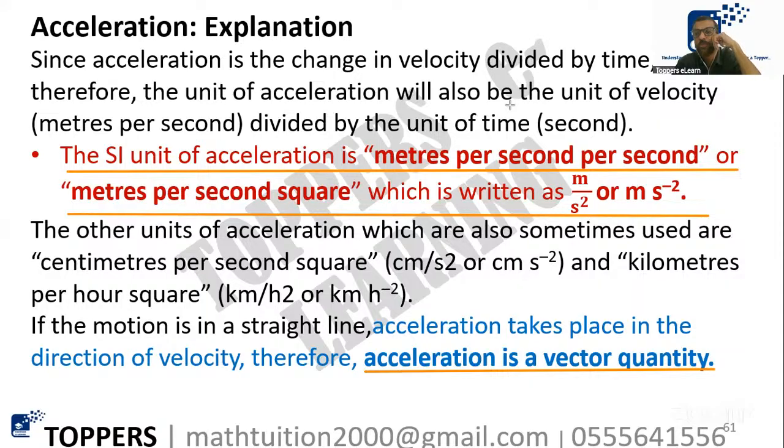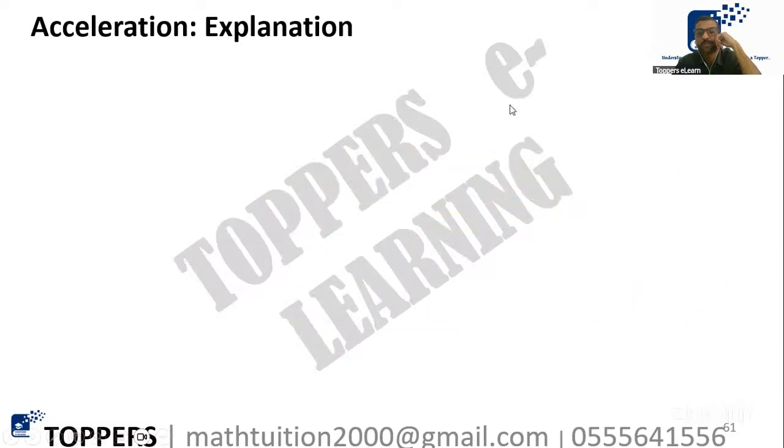Suppose a body is moving with uniform velocity. What will be its acceleration? Understood my question? A body is moving with uniform velocity, what will be its acceleration?